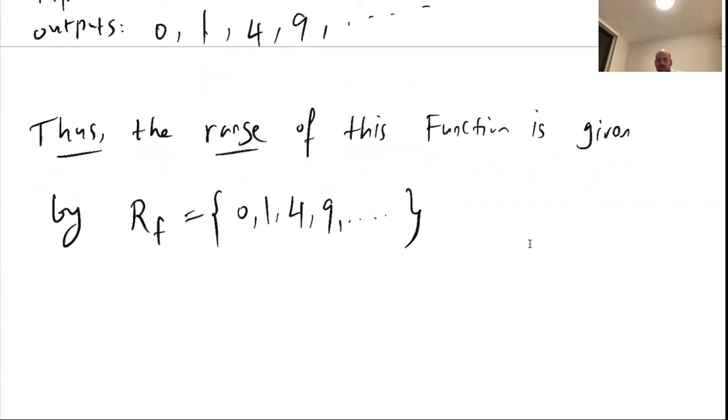So then we can talk about addition and multiplication of two functions.